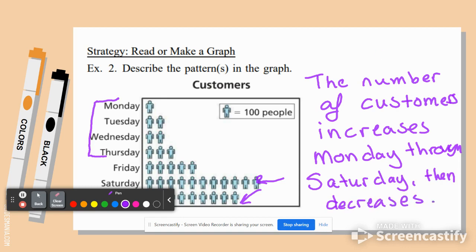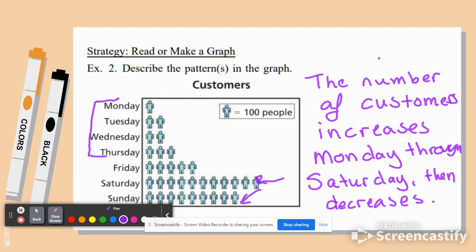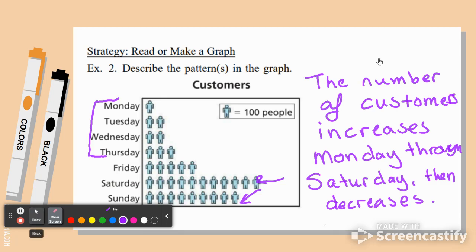So sometimes we don't necessarily need to find the answer or look for a specific number. We're just describing what that pattern is doing. Okay.